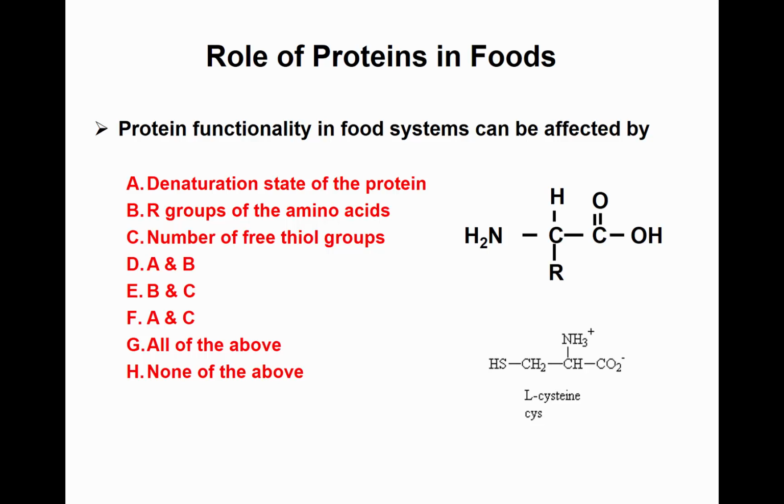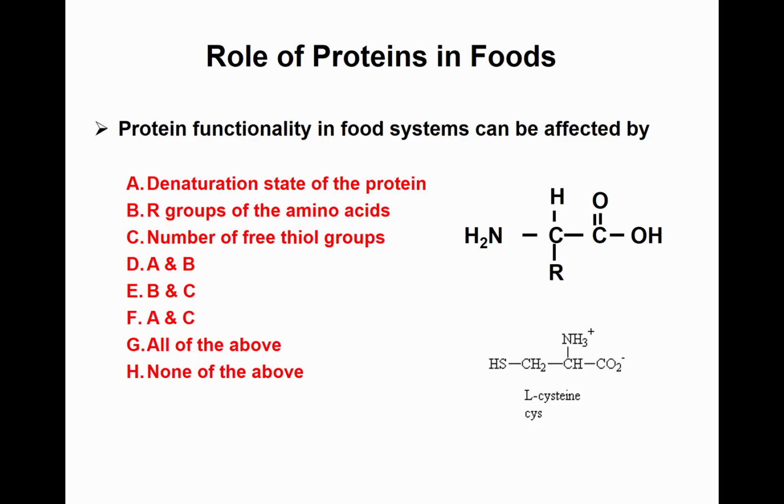That's your R group. So the R group contains a sulfhydryl group, and we're going to talk about the importance of this sulfhydryl group in different applications. Why it's important: it's reactive. And when it reacts with another sulfhydryl group, it gets oxidized and forms a disulfide linkage. We're going to talk about why that is important in different applications.